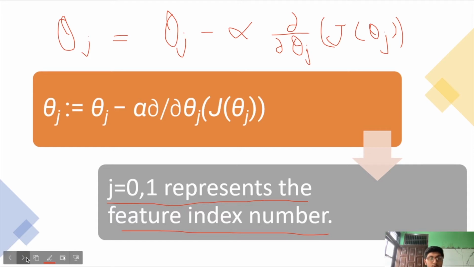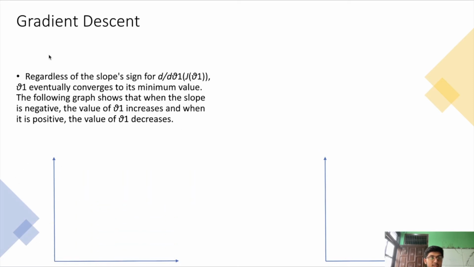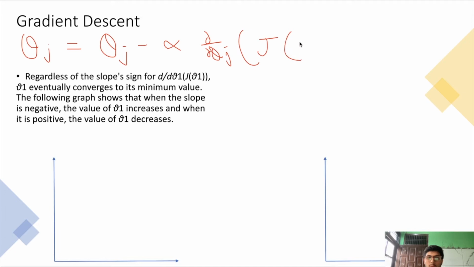So now let's move on. This is our gradient descent algorithm. Theta j is equal to theta j minus alpha times the partial derivative with respect to theta j of J of theta j, and here we change theta j regardless of the slope sign.